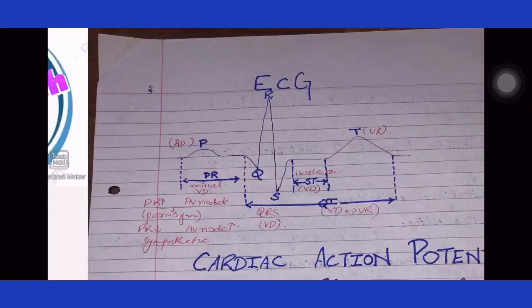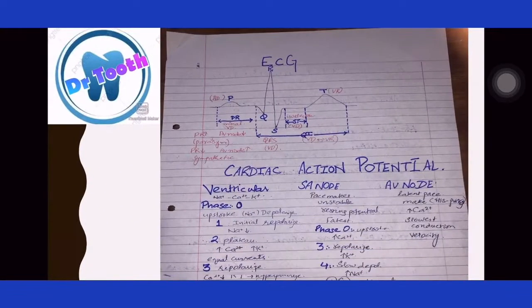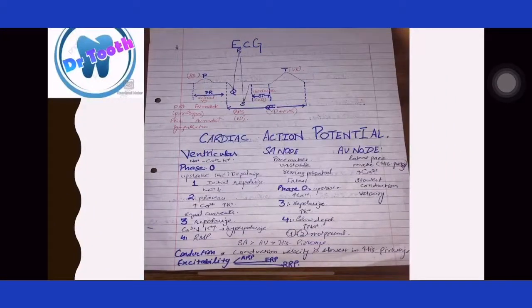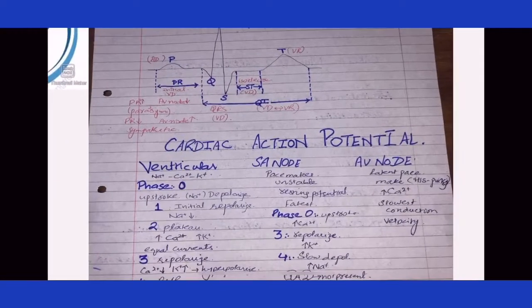Move on to the next, we have cardiac action potential. In cardiac action potential, we have ventricular action potential, SA node action potential, and AV node action potential. We have different phases. In ventricular action potential, we have phase 0, that denotes upstroke and sodium depolarization.